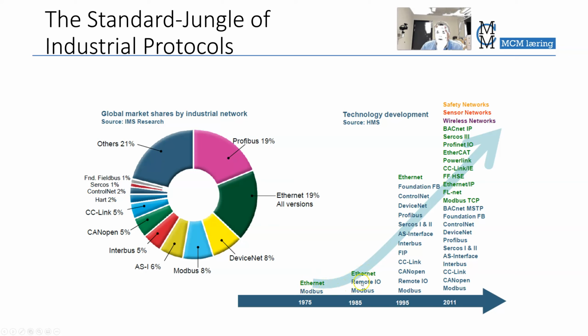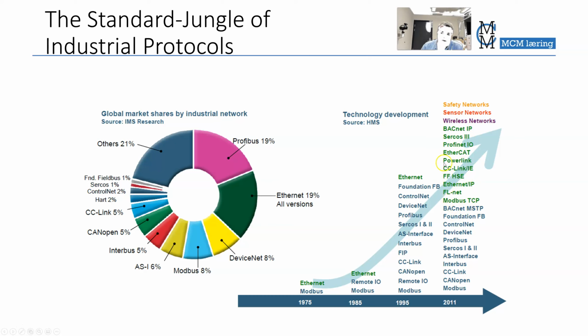It's more based on a bus structure, and actually RS-485 as a backbone network here. Then in 1985, a few more arrived. 1995, a great number of different field buses, and these blue ones here are all bus based, while this one is TCP/IP based.